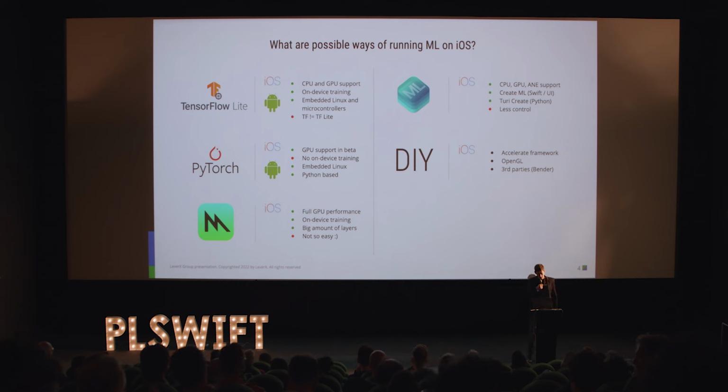And the last item is do it yourself. You can do it using the Accelerate framework on Apple, OpenGL, or third-party libraries. Actually, the Accelerate framework is also good. It allows you to perform digital signal processing on the device, on the edge.